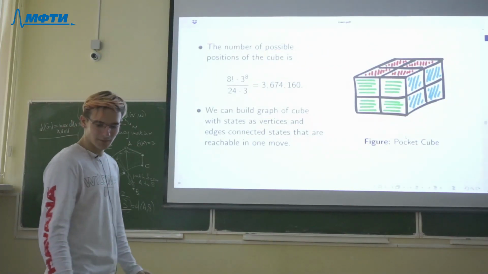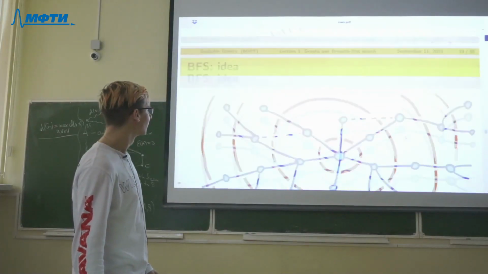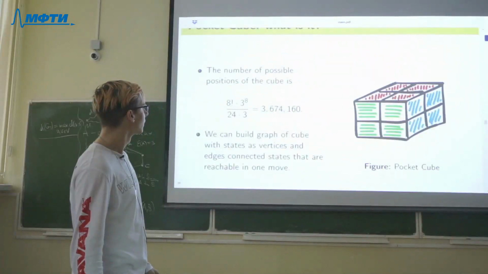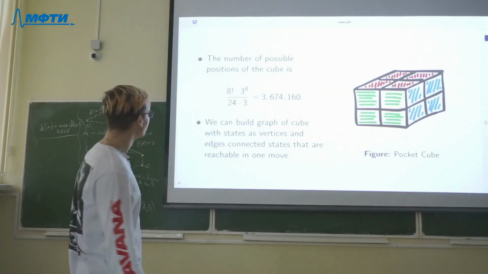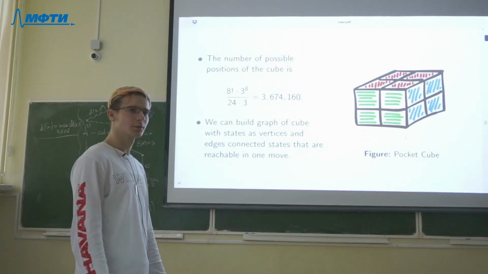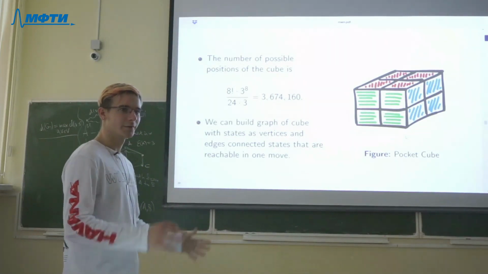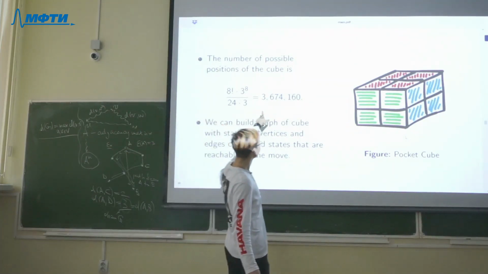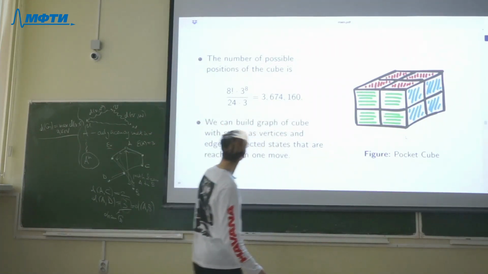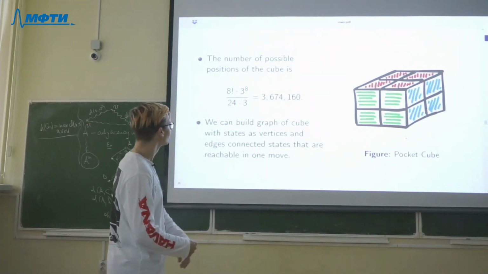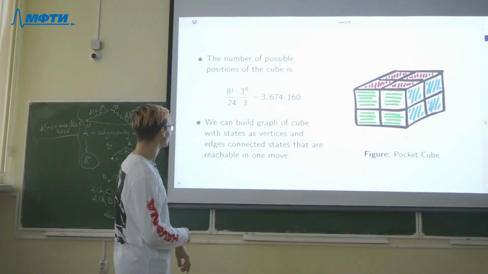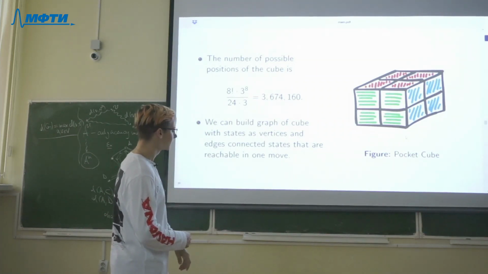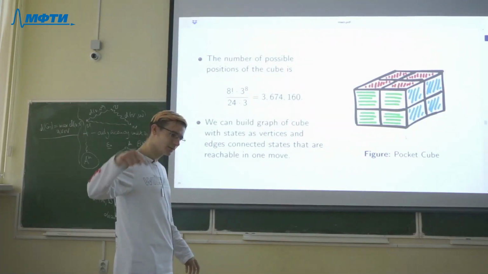But if you take, for example, not the pocket cube but the Rubik's cube, 3 times 3 times 3, the number of states is equal to billions of billions.